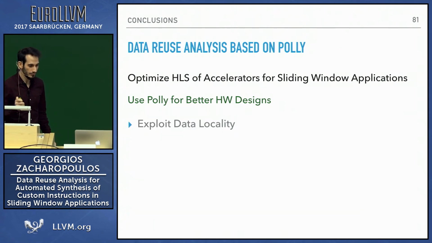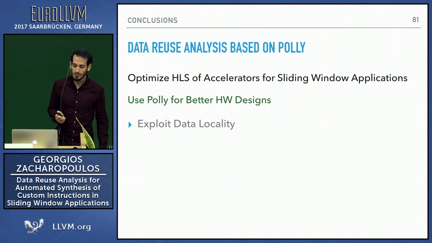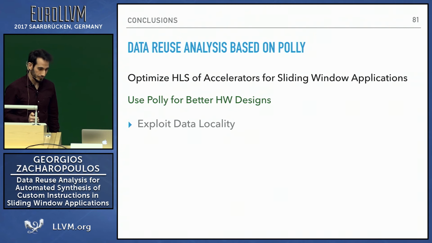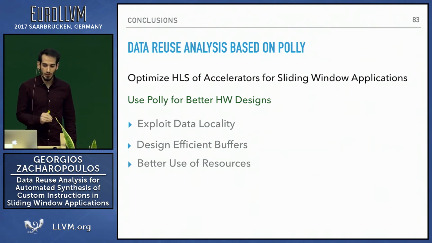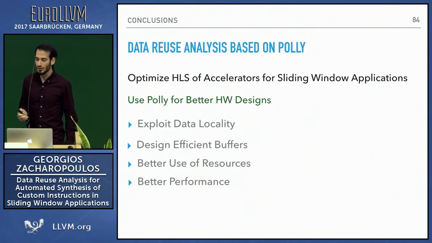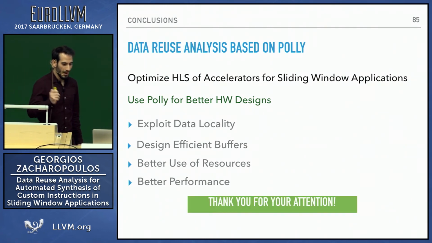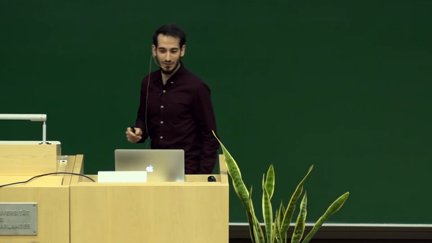What was our target? To exploit more data locality, we had to design more efficient buffers, to make better use of our resources, and of course, in the end, achieve much better performance. Thank you very much for your attention, and I'm waiting for your questions.